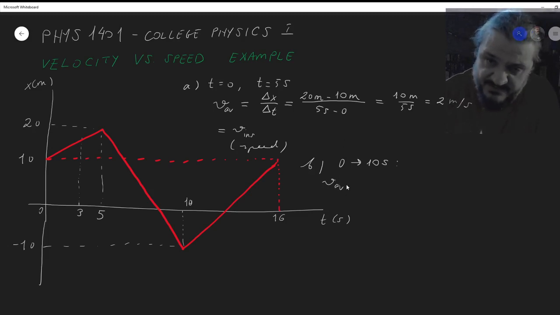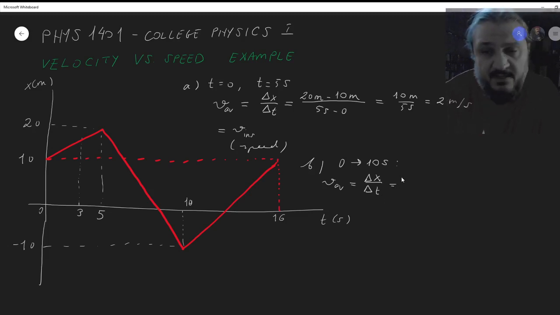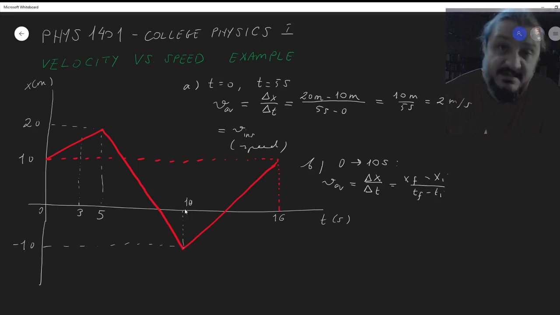The average velocity is simply the displacement divided by the time interval. Delta x meaning, if you write explicitly, x final minus x initial, divided by the time interval. x final is negative 10 meters.